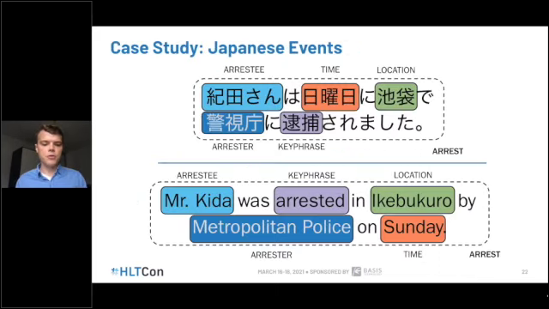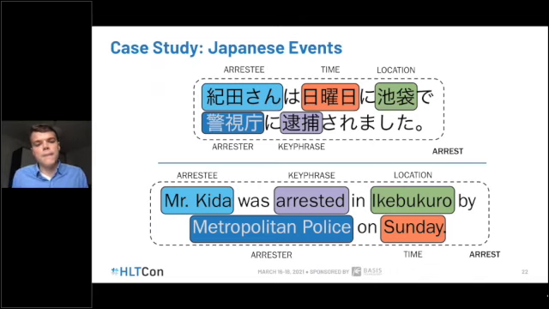And so this algorithm has been successfully applied to real-world data. We worked with a customer who was interested in Japanese event extraction. They had a few different event types in mind, one of which was arrests.